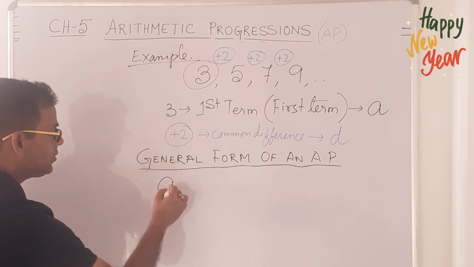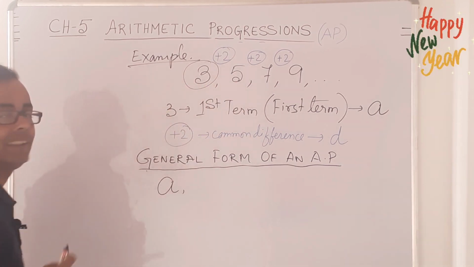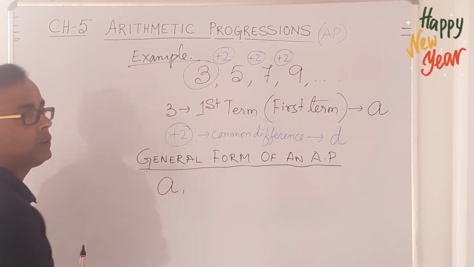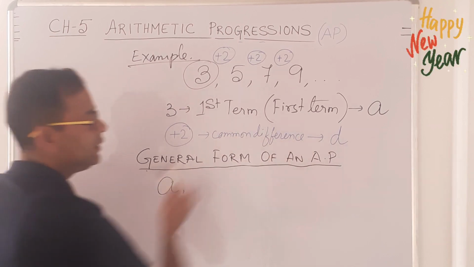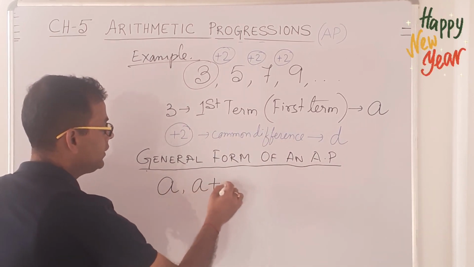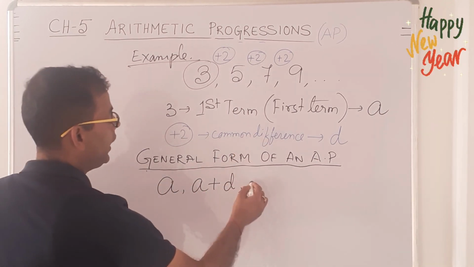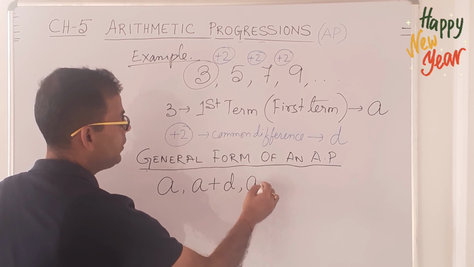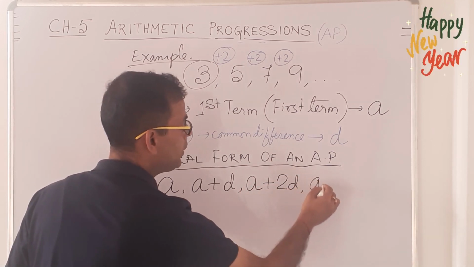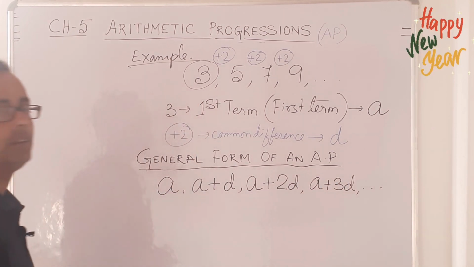First one is the first term A. And how did I get the second term? With the first term I added plus 2. What is plus 2? It is the D. So A plus D. Then again A plus 2D. Then again A plus 3D, and so on. This is the general form.